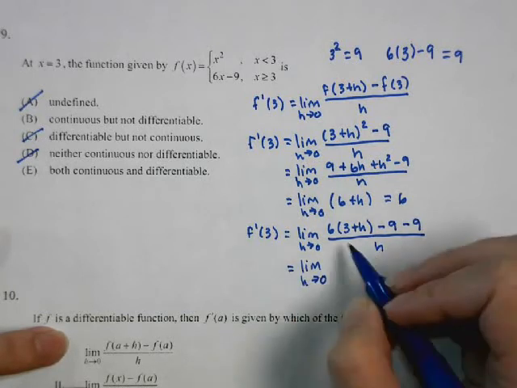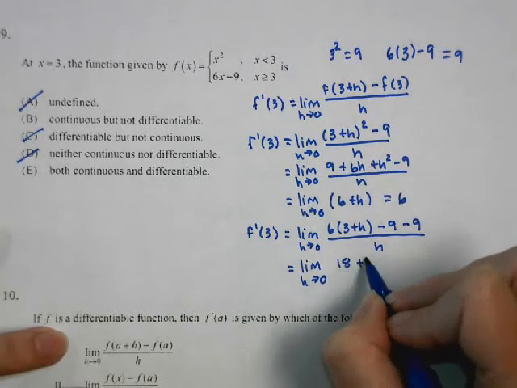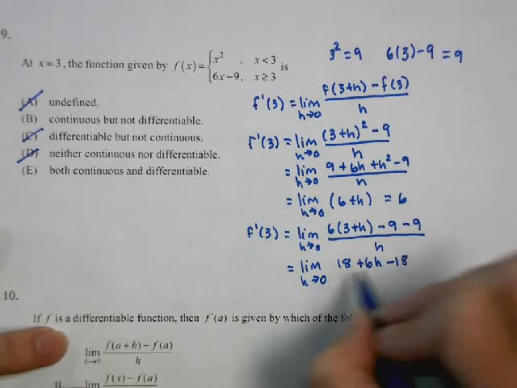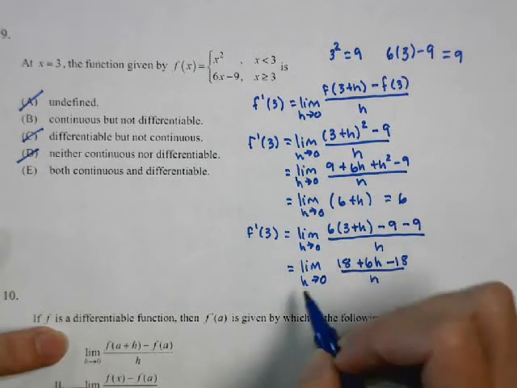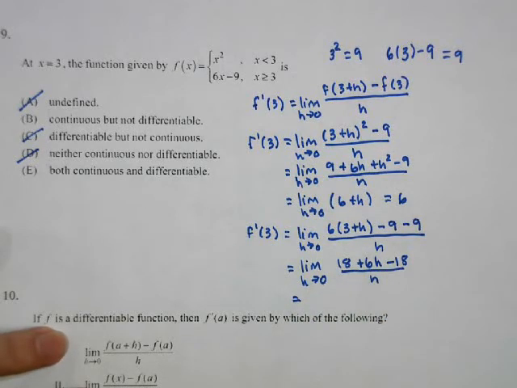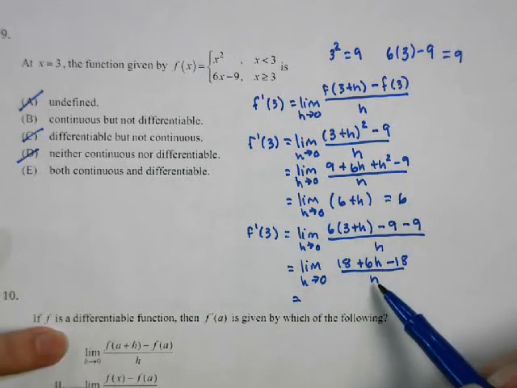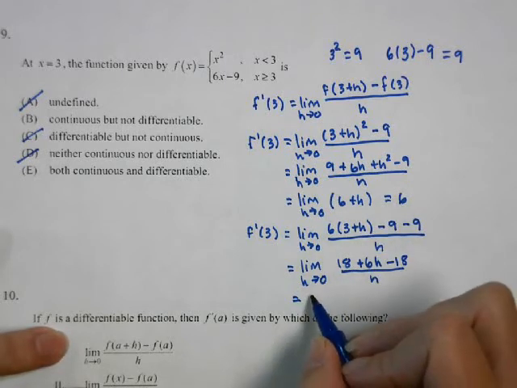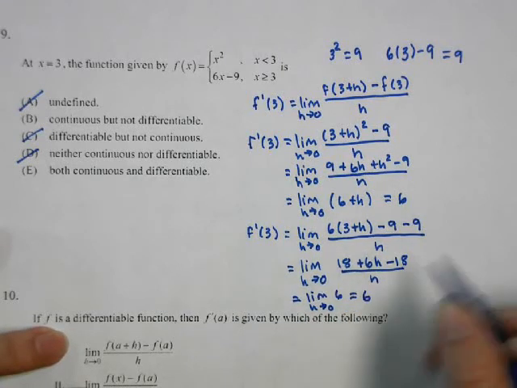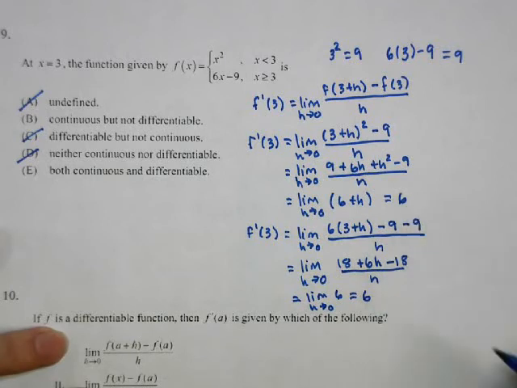So we have 18 plus 6h minus 18 over h. All of this is going to boil down. 18 minus 18 is 0. 6h divided by h is just 6. So the limit as h goes to 0 of 6 is 6, which means those are the same. So it is going to be both continuous and differentiable.